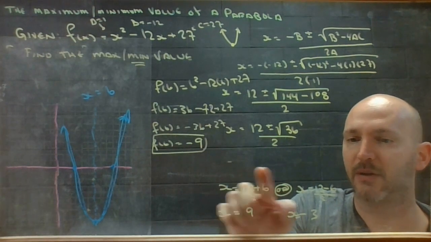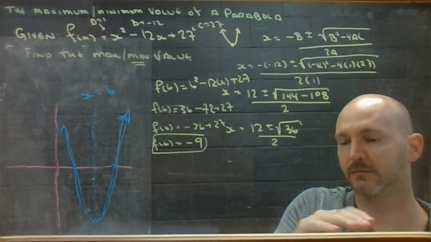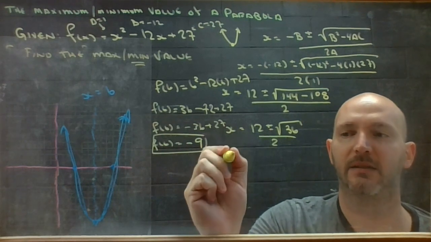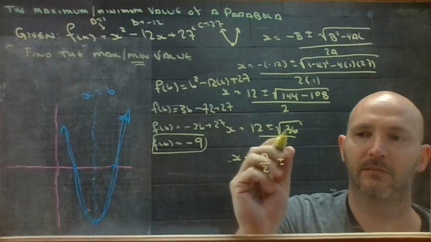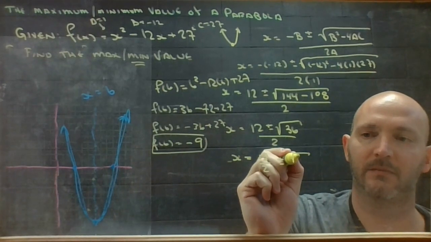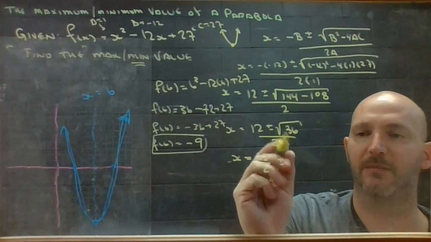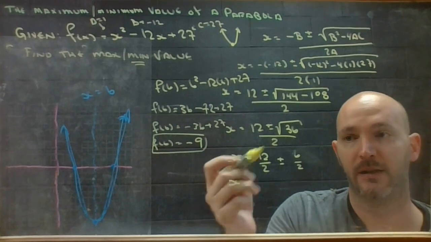So I'm going to take this part of the quadratic formula, and instead of writing it as a single fraction, I'm going to write it like this. Well, square root of 36 is 6, so I'm just going to do that in the same step.